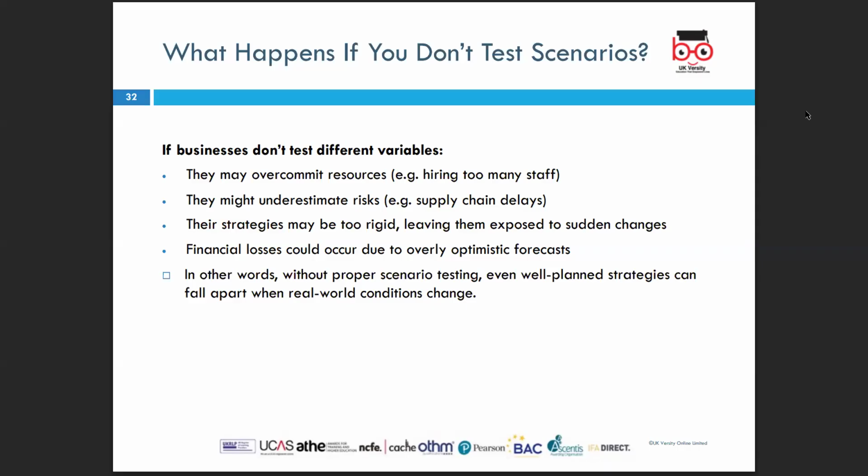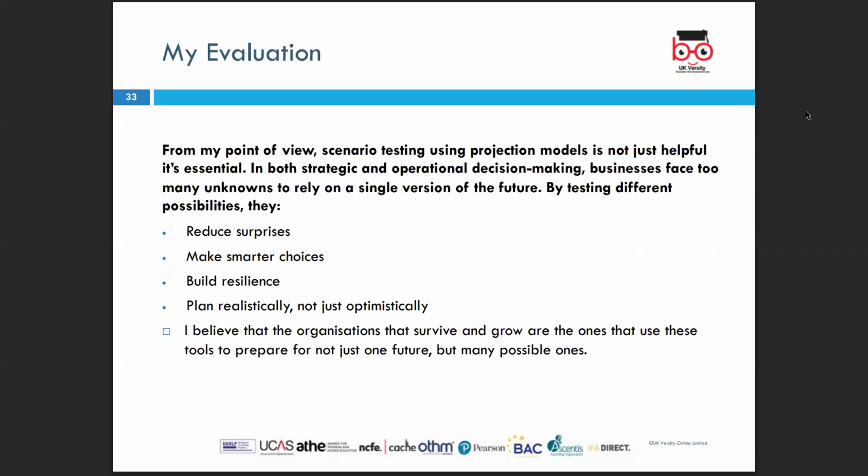The strategy might also be too rigid, leaving them exposed to sudden changes. Financial losses could occur due to overly optimistic forecasts. In other words, without proper scenario testing, even well-planned strategies can fall apart when real-world conditions change.